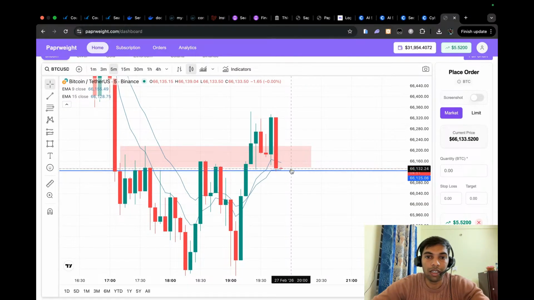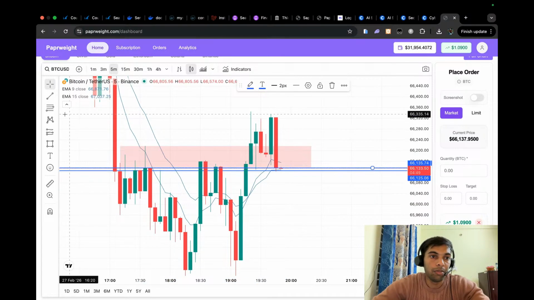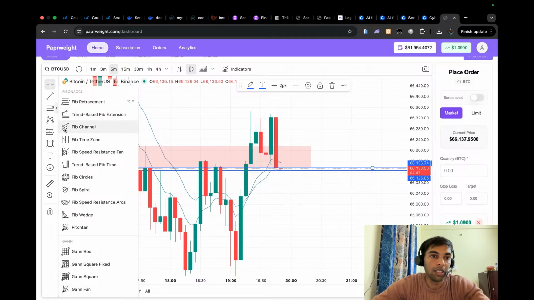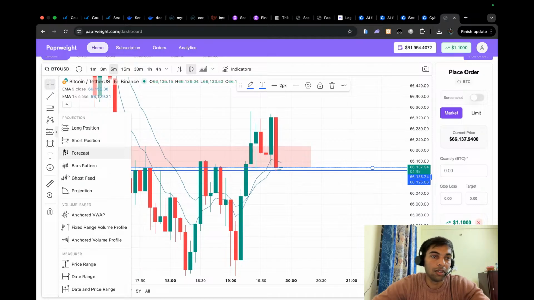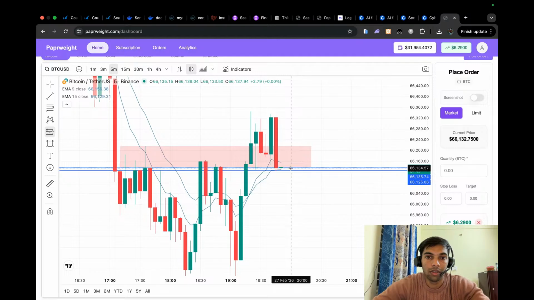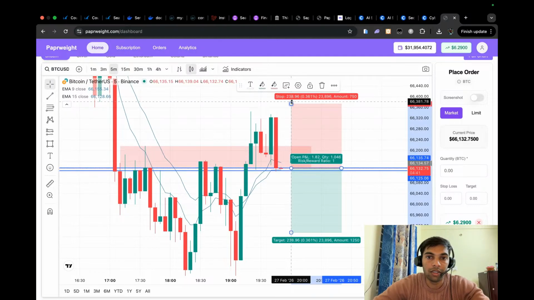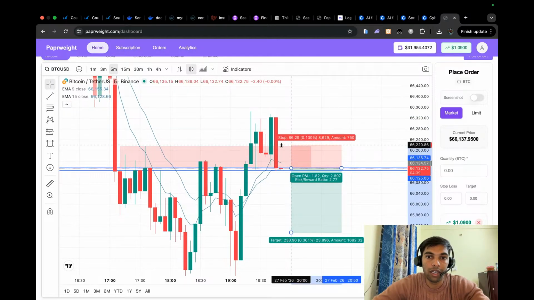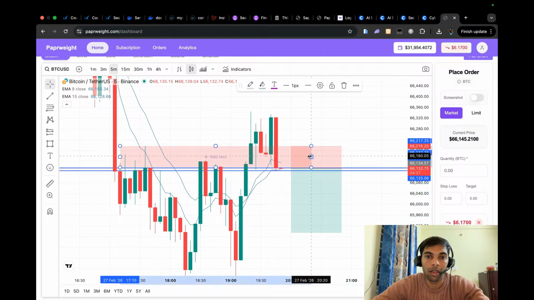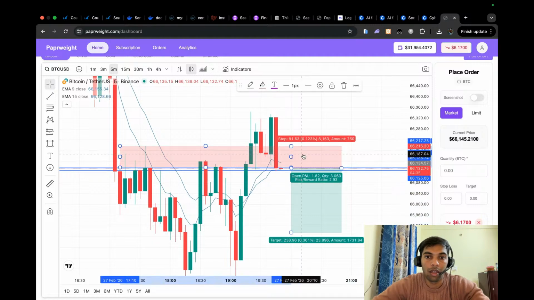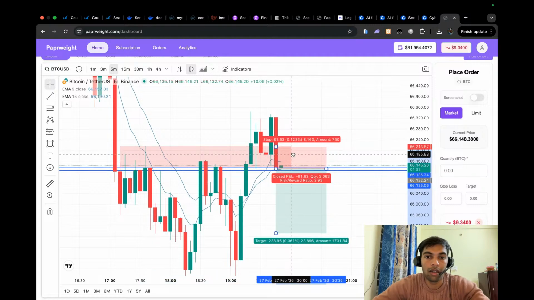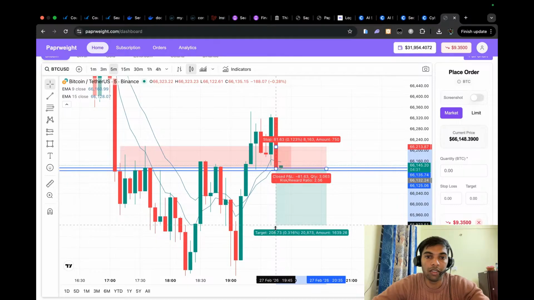So where is my short position? So this is my short position trade. My stop loss would be at this zone. All right, and my target is open.